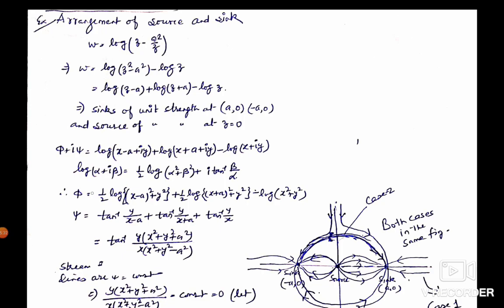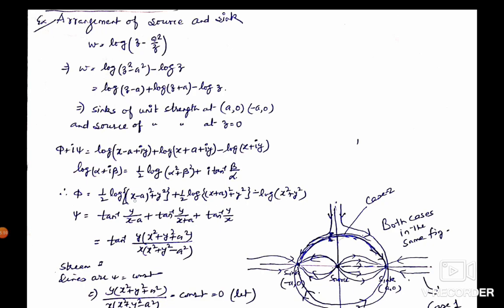From here, this is a relation: if you have log of alpha plus i beta, then you may write real and imaginary parts separately as half log alpha square plus beta square plus i tan inverse beta upon alpha. So using this relation, you can open these three logs. In all three you will get real parts. I have separated all three parts and get this phi.